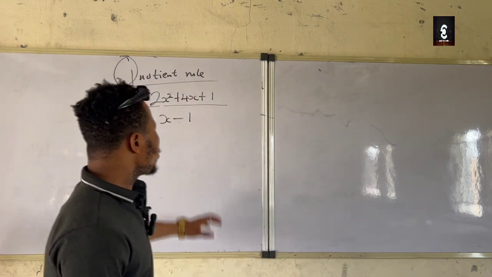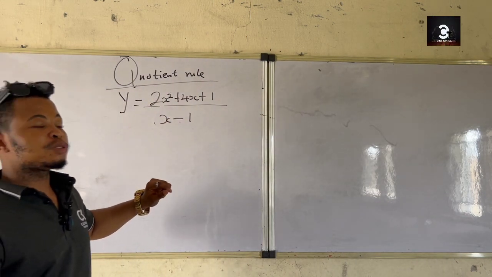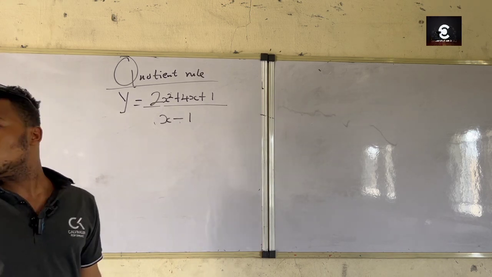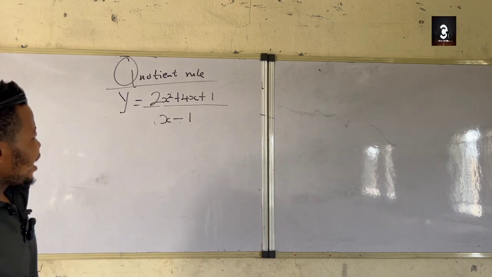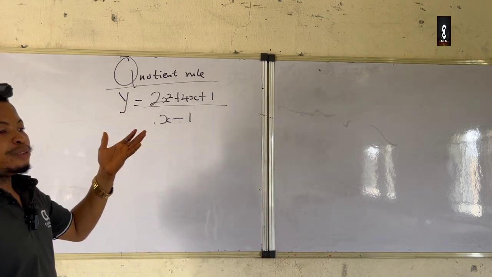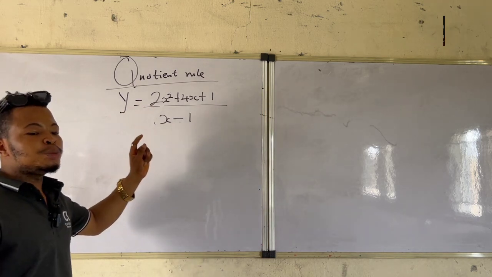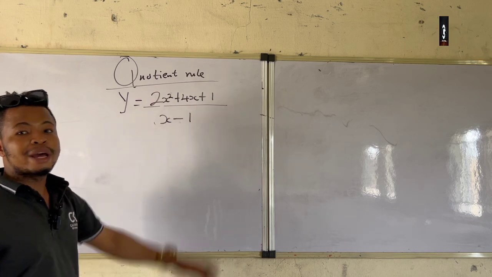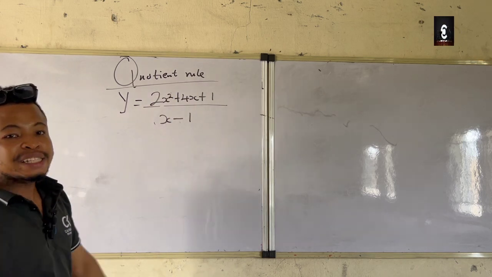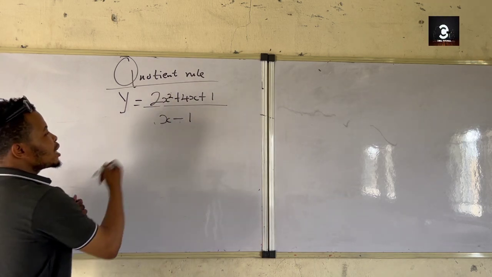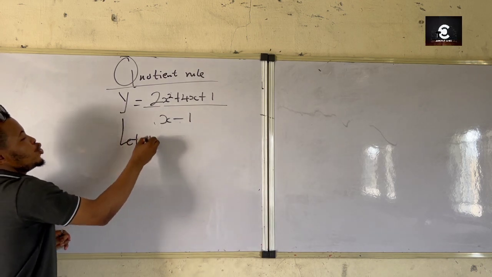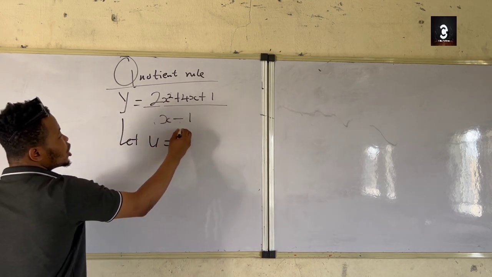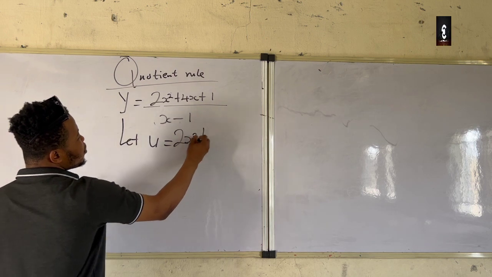Okay, now, to make our understanding better, we want to do this quotient rule differentiation, a more advanced one. How do I even know that this is the quotient rule? I told you quotient rule must have equations that have both numerator and denominator. First things first, you say let u equal the numerator 2x raised to power 2 plus 4x.